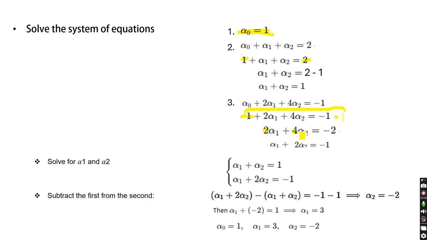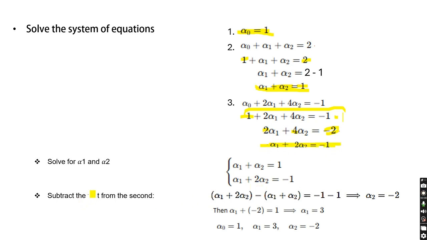If you divide by 2, the result is A1, and then we have 2A2 equals negative 1. So, we will solve for A1 and A2 based on the values we got.